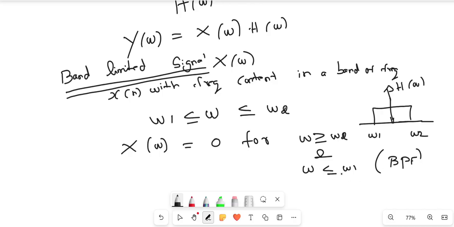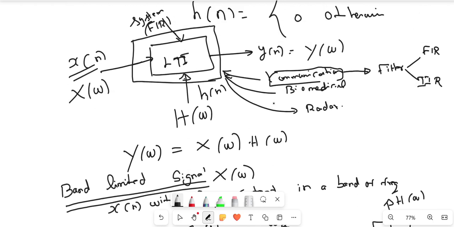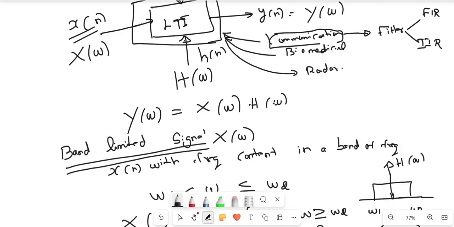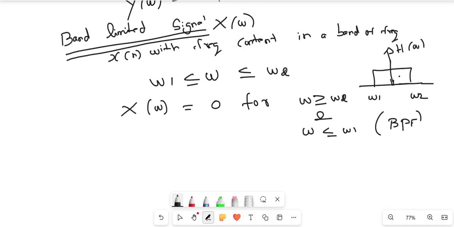Suppose this signal is passed through this filter with the frequency response. This is not H of omega, this is the given signal X of omega. So the input signal is X of omega you are passing.